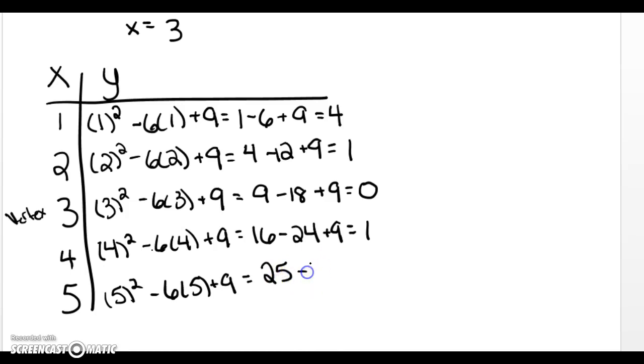Negative 6 times 5 is negative 30, and plus 9. So here you have 25 minus 30 is negative 5, plus 9 is positive 4. So here we've got those mirrored values, so that at least tells you you're on the right track. And now that we have all the values to graph, we can actually go up to that graph and plug in those values.